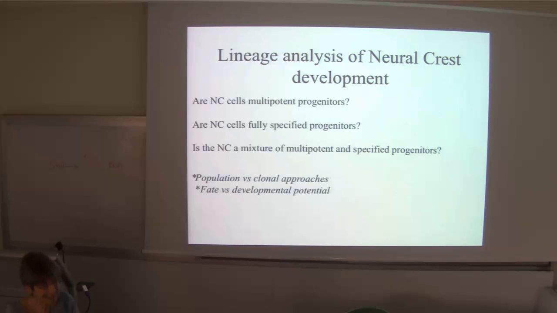We know that the decision to become neural versus melanocyte, Schwann cell versus pigment, etc., is already a decision that takes place sometimes even before leaving the neural tube.